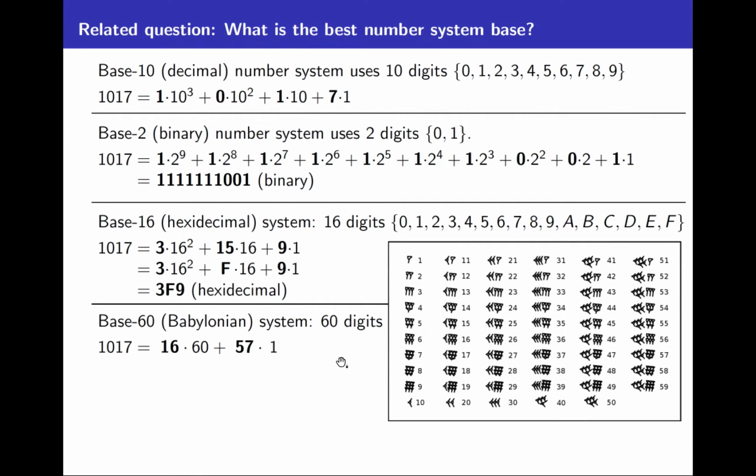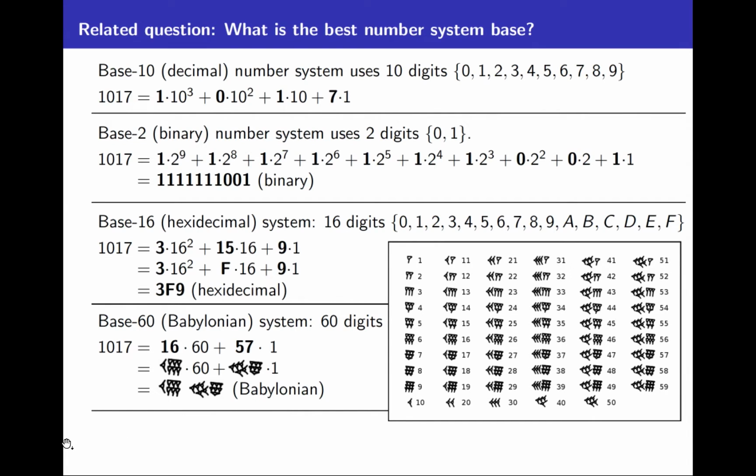And let's see, 16 is this particular cuneiform symbol, and the 57 is this one. So that's this cuneiform number times 60 plus this one times 1. So this number 1017 is represented by this sequence of 2 cuneiform digits in the Babylonian base 60 system.